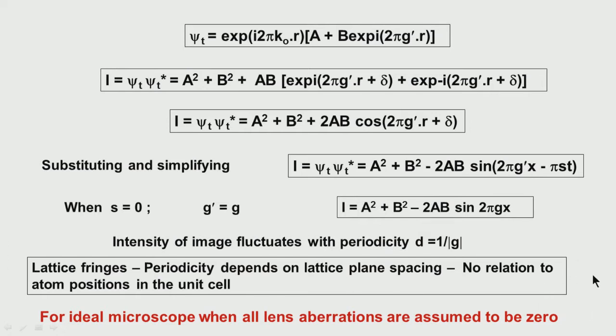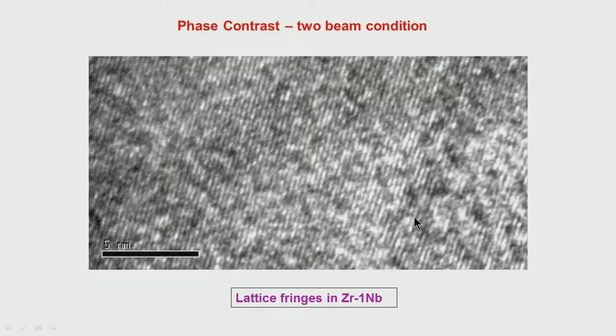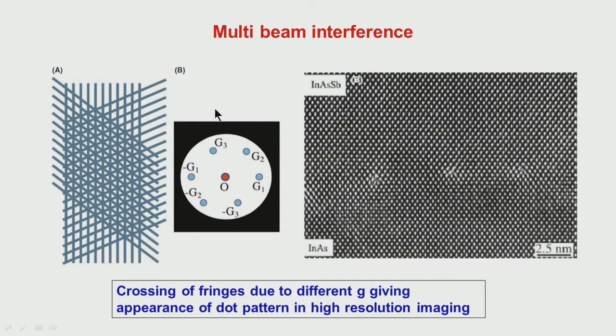And when we consider only one diffracted beam, the iso-intensity lines are perpendicular to the g vector. So, we essentially get a fringe of one type. This is a typical example we considered to show how we get a lattice fringe. From this we can get information about the periodicity in that particular direction.